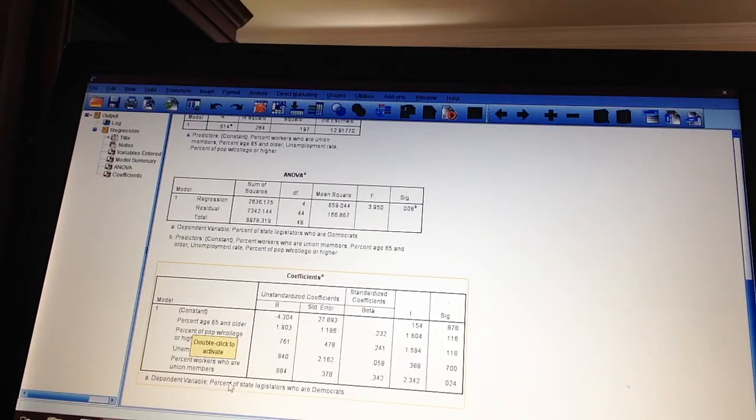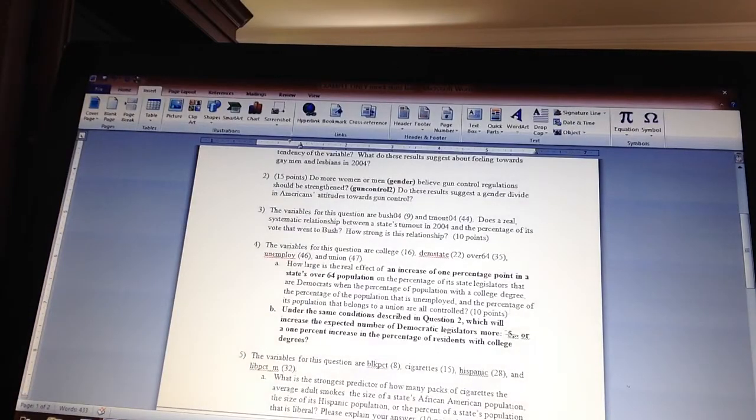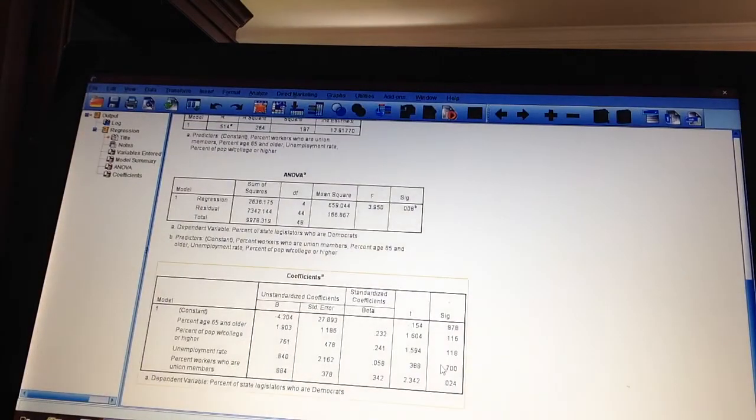So in this case, if you have to answer this question, you go back and see that we're increasing 1 percentage point in a state's over 64 population. What this is telling us is that for every 1 percentage point we go up in the age 65 or older category, we go up 1.903% of the state legislators who are Democrats.